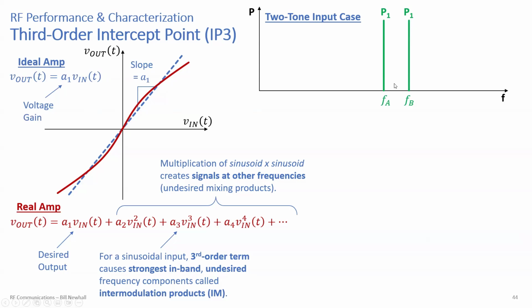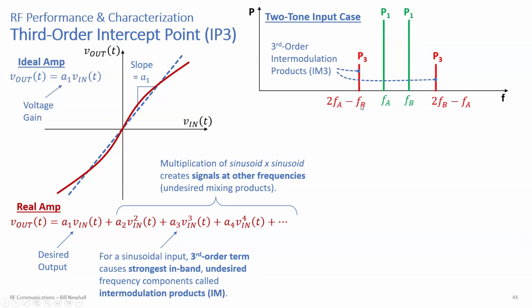These are tones, constant frequency, just sinusoids at FA and FB, frequency A, frequency B, and they're both at the same power level. This will cause signal components because of the third order intermodulation at 2FA minus FB and 2FB minus FA. You'll see these poke up out of the spectrum on a spectrum analyzer, or you can analyze it and see this happen. And because they're so close in to the desired signals, they could cause interference with the desired signals. Maybe they're so close you can't filter them out effectively.